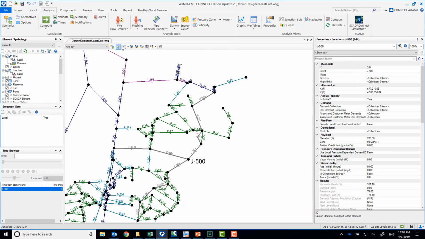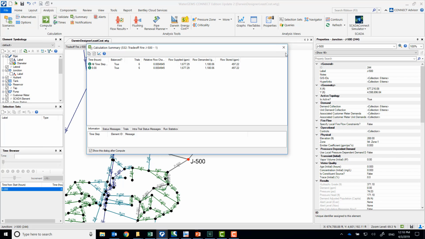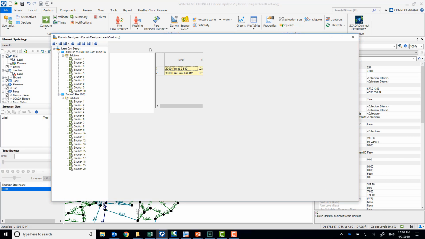Okay, so now you see all the scenarios here. I'm going to run this one. And you get to see that this particular one, and remember, this is using the, let me go back here and explain this with the graph.